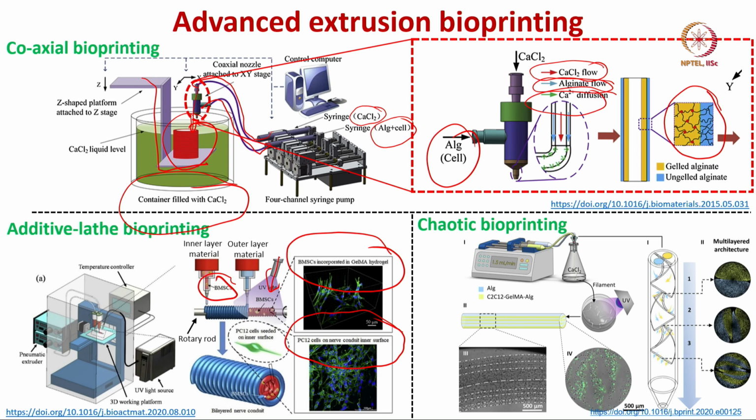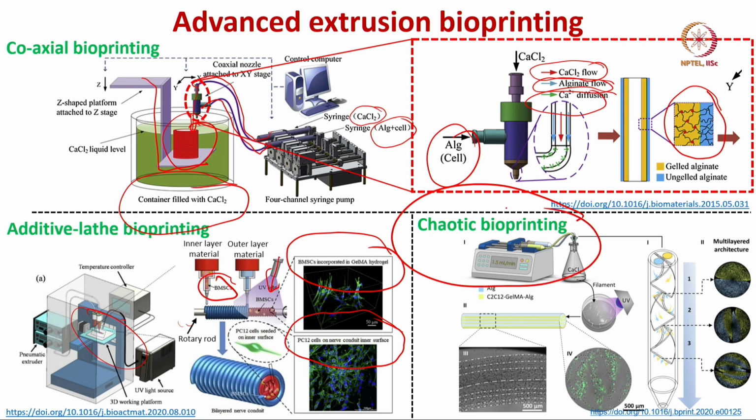So, this is a rotatory rod. These rods will be rotating and these rods are placed here, and on top of it you will be continuously depositing the nerve cells as well as the materials.